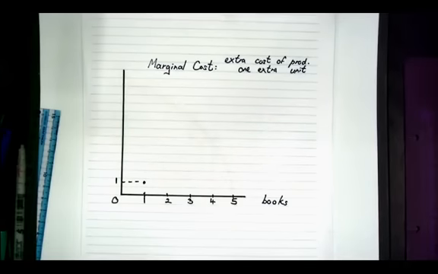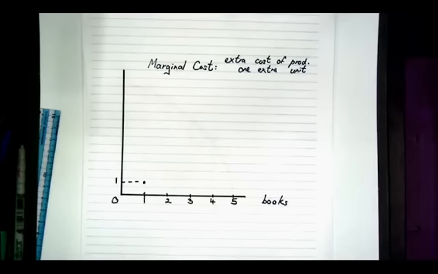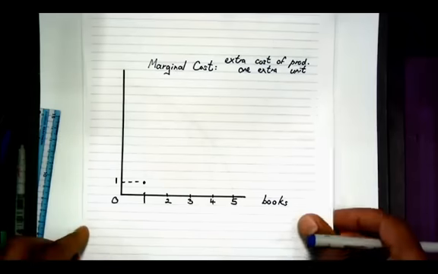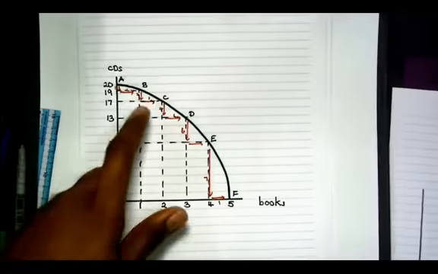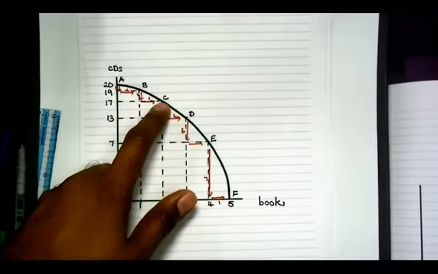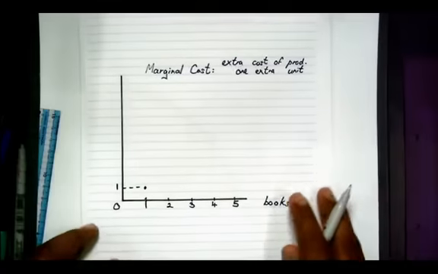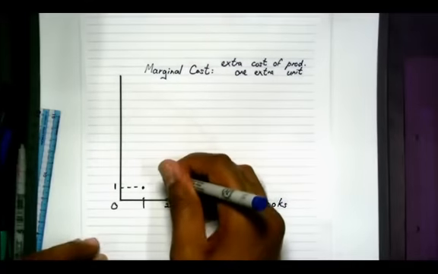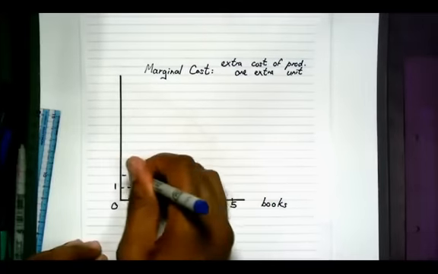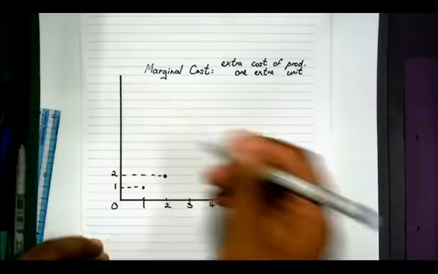That's the extra cost of the first book we have to make. What is the extra cost of the second book, B to C? 2 CDs, 19 minus 17. The extra cost of the second book is 2 CDs.